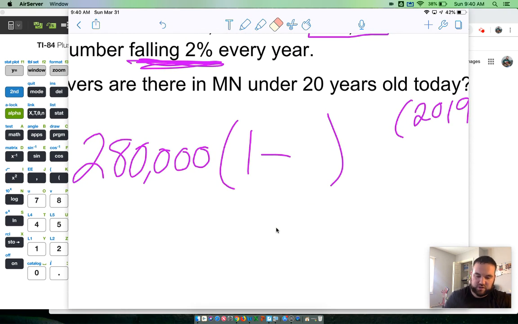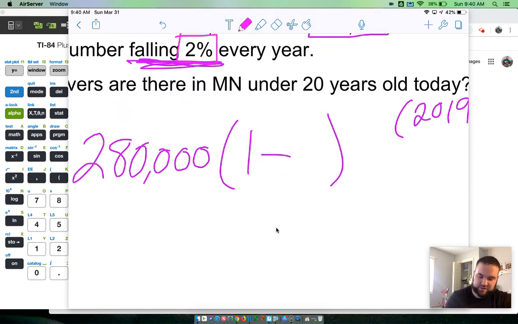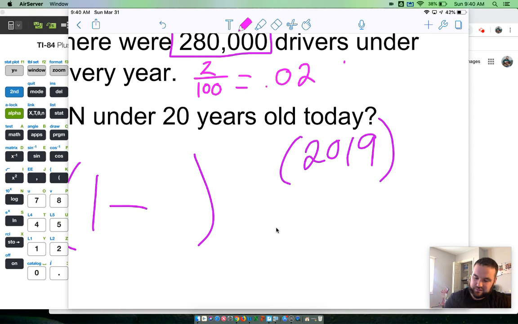We need to change this 2% to a decimal. However you remember how to change a percentage to a decimal, you can divide it by 100. You can move the decimal point 2 spots to the left. However you do it, this is 0.02, not 0.2, because that is 20%.